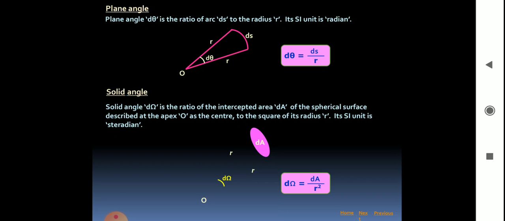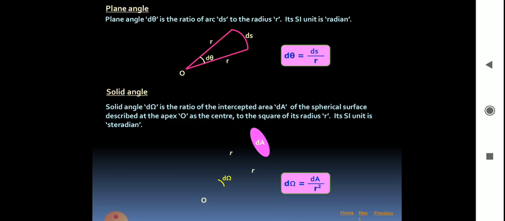So d omega is equal to dA by r square. That is, the solid angle is a ratio of intercepted area dA of the spherical surface described at the apex O as center to the square of its radius r.